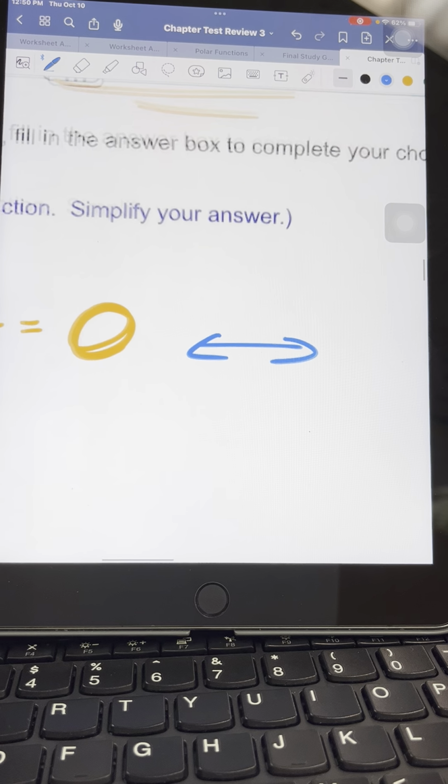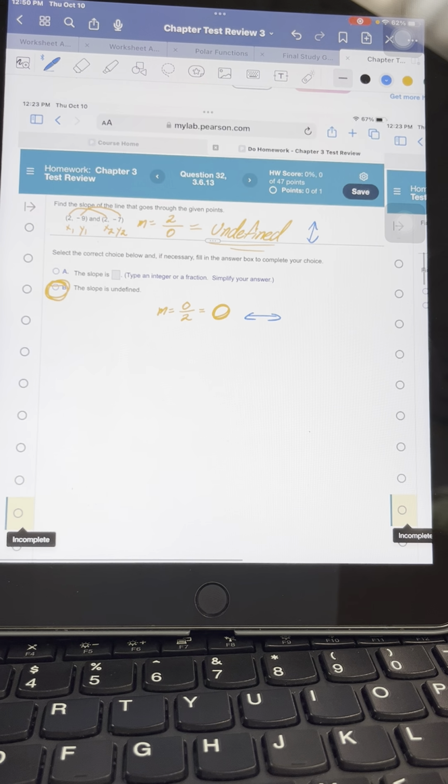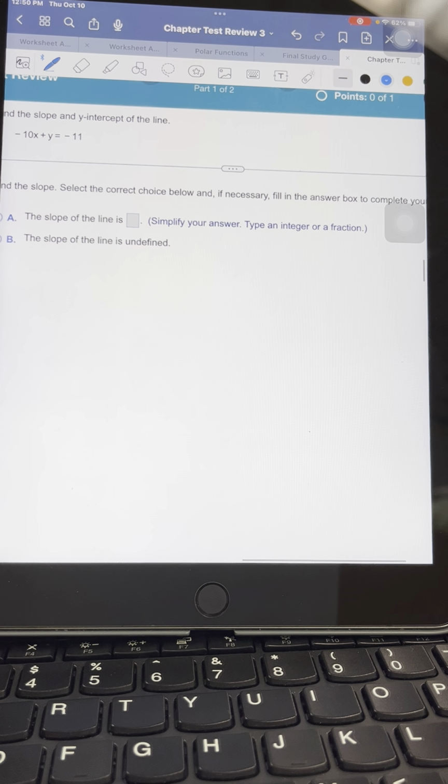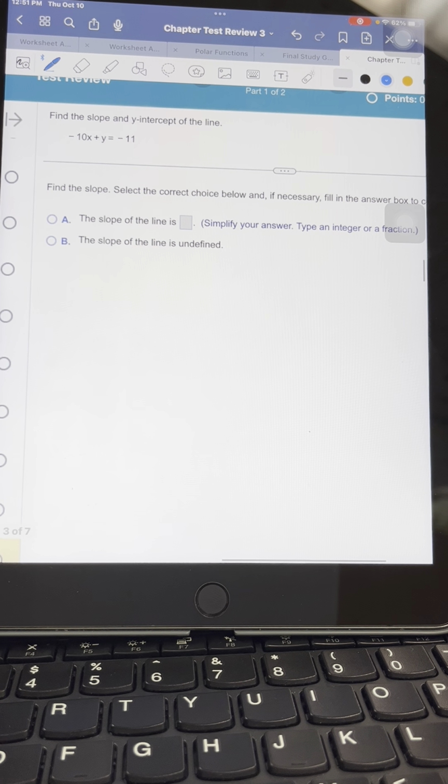Okay. Next one. Find the slope and the y-intercept of the line. So if we want the slope and we want the intercept, which format do we have to use? The slope-intercept form.